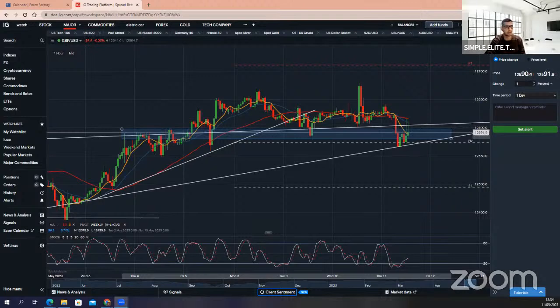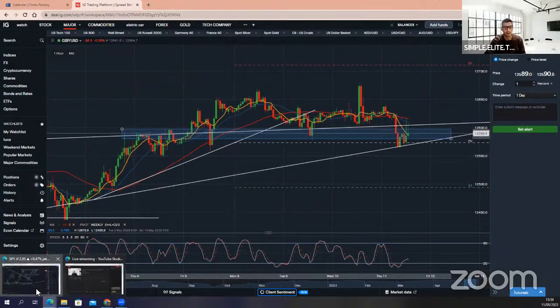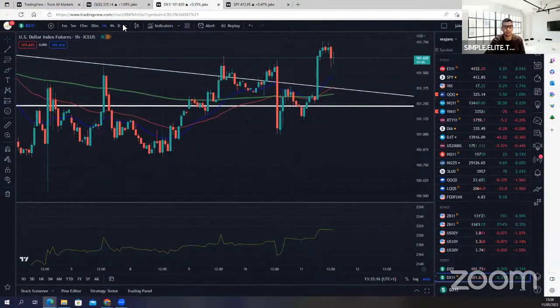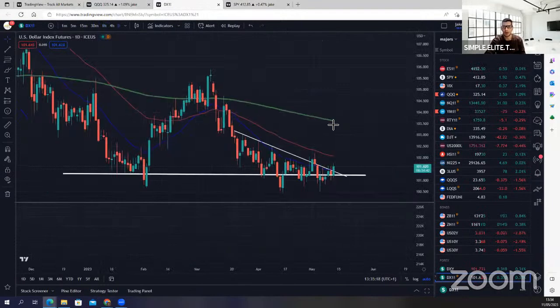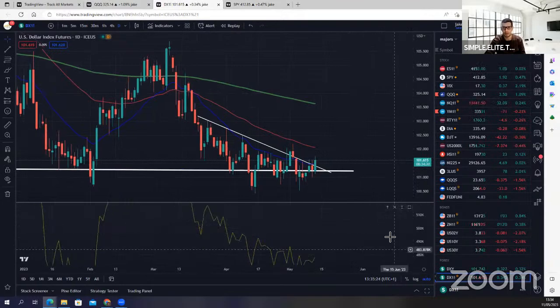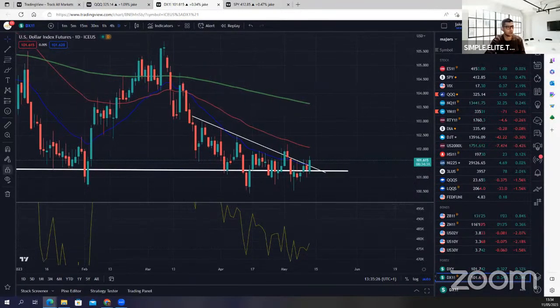If we see the dollar index chart, we talked about it on Tuesday as well, it is a support level, but we are seeing some buyers stepping in on the dollar.